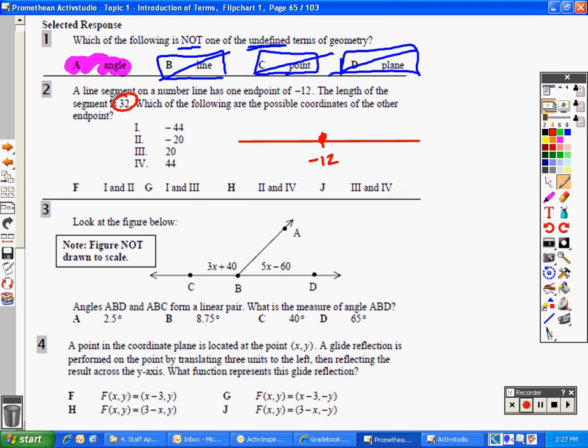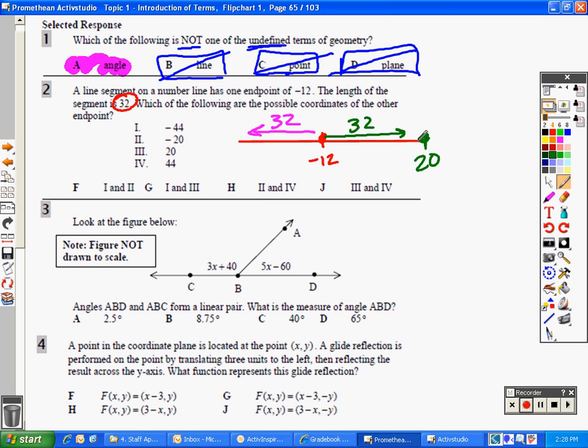Okay, so looking at this, if this is my endpoint, I could go 32 units to the right, or I could go 32 units to the left. And both of those would give me different endpoints, and both of those are valid answers. So if I went 32 units to the right, -12 plus 32 would be 20.